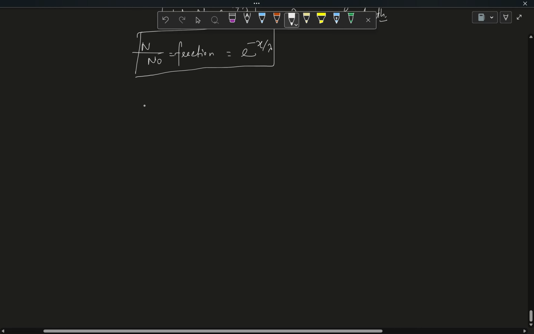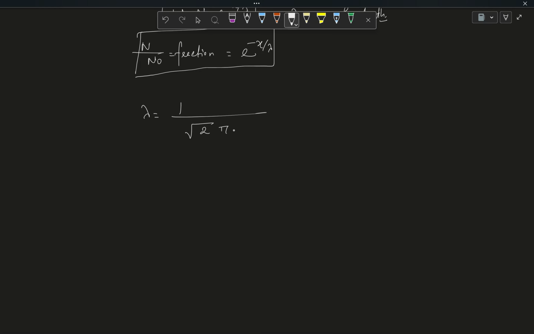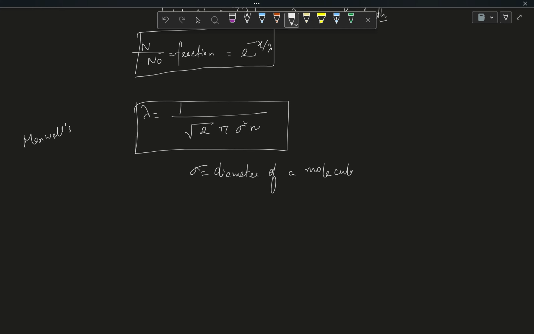Then you have the lambda formula, Maxwell's expression of mean free path, 1 over root over 2 pi sigma squared n. This is Maxwell's expression, where sigma is the diameter of a molecule and n is the number density, that is the number of molecules per unit volume in the gas.